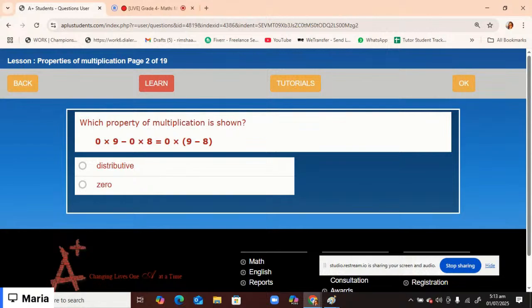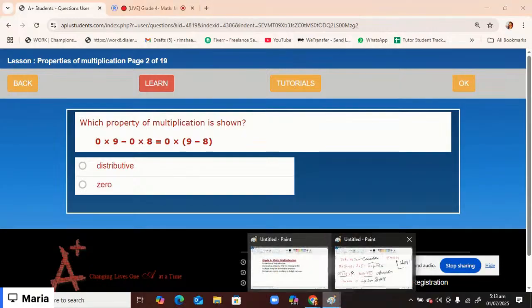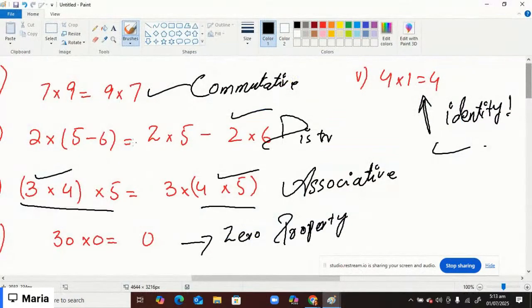Now, which property of multiplication is shown here? Check it out. Zero property or distributive property? First of all, look at the distributive property. Any number which is outside is multiplied with the inside of the bracket, where they are adding or subtracting.